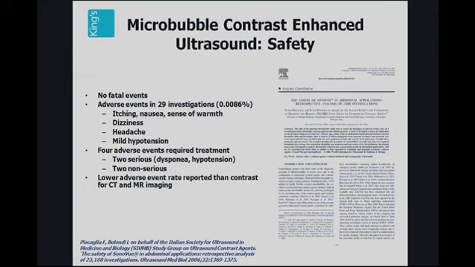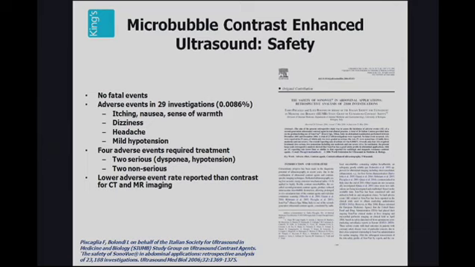Those of you who are not familiar with contrast-enhanced ultrasound will not fully appreciate how safe this agent is. This large study out of Italy, where SonoVue is used predominantly to investigate liver lesions, renal lesions, and lesions elsewhere in organs in Europe, has demonstrated that there are very, very few adverse effects.